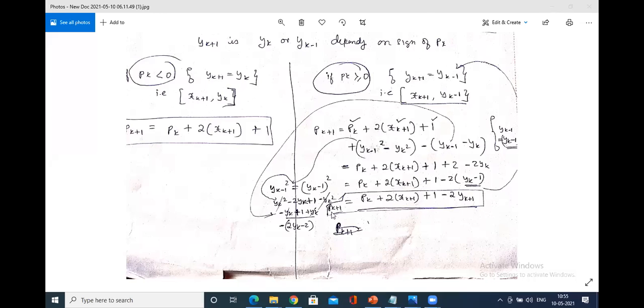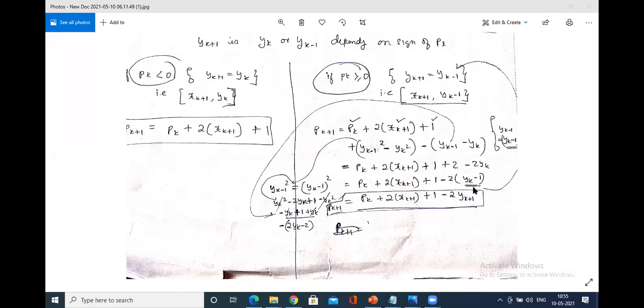The calculations have been done. I have shown you the minute calculations and how this yk minus 1 is being treated as yk minus 1. So evaluating this, you will get minus 2 yk minus 2. The same thing has been implemented, right?